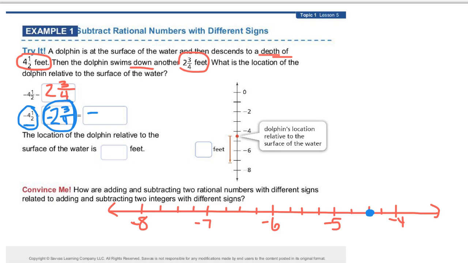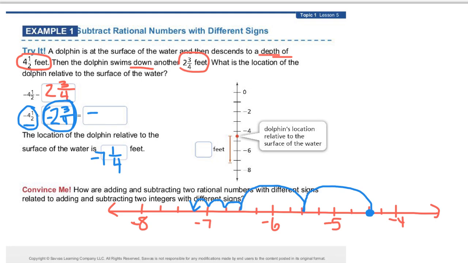And I'm going to go back 2 whole hops. So one hop takes me between negative 5 and negative 6. And another hop takes me between negative 6 and negative 7. And then I need 3/4 more: 1, 2, 3. I think we're going to be at negative 7 1/4 feet.